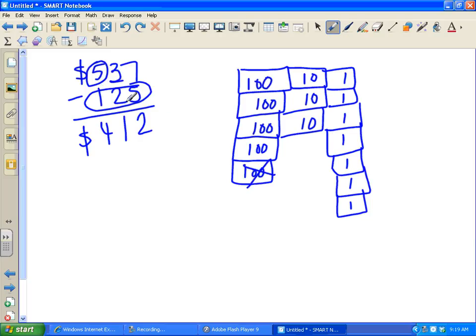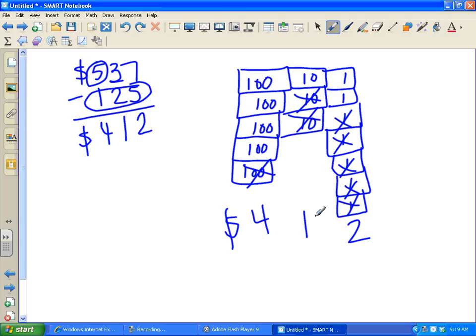How many tens should I mark off? 2. How many ones should I mark off? Okay, 1, 2, 3, 4, 5. Now let's see what we have left. How many hundreds? 4. How many tens? How many ones? Look, it's a match.